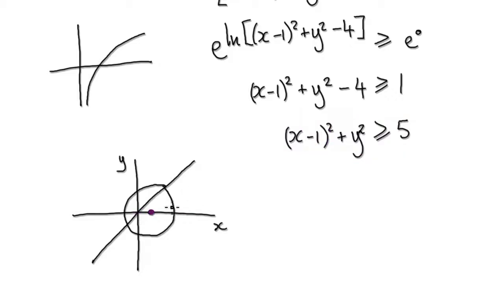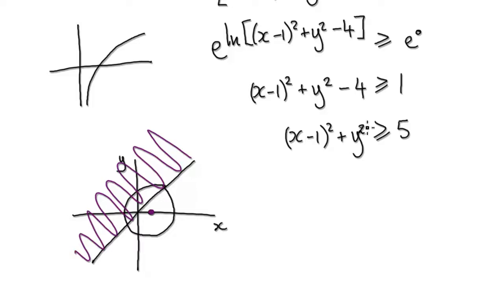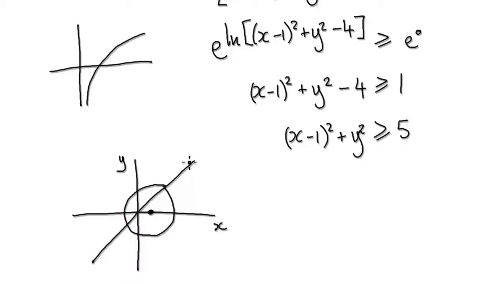So in the region where y is bigger than x, we need to be outside the circle, bigger than the radius of root 5. So this is the radius of root 5. So basically we are interested in this region here.